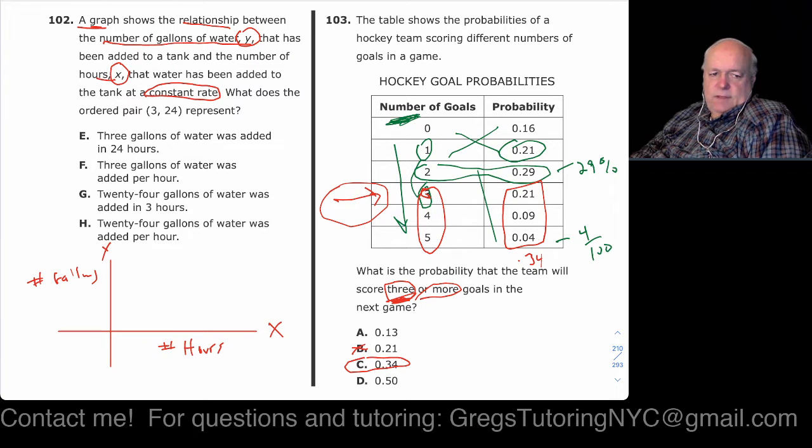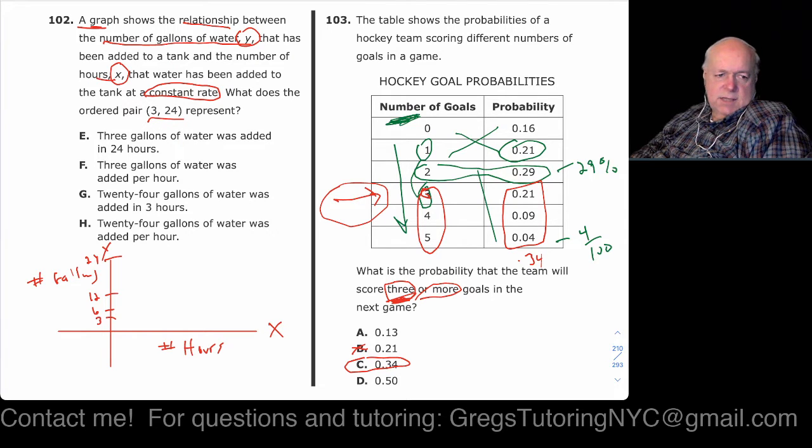the graph, let's get the 3, 24 here. So let's assume, because X is going to be 3 and Y is 24, 24 is going to be there, 12 is going to be here, 6 is going to be here, and 3 is going to be here, and it just breaks down to that.